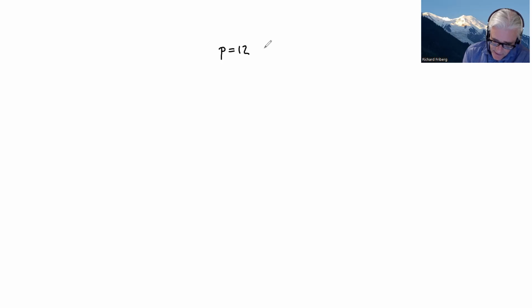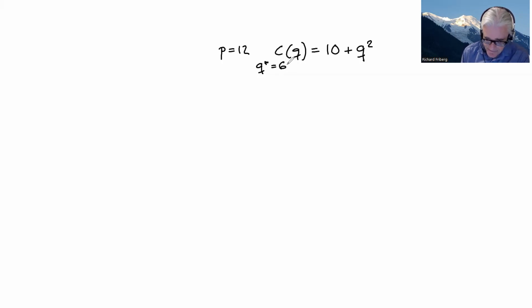We had a case where we assumed that price was 12 for a good, and that the cost of producing this good was given by a fixed cost of 10, and then Q squared. And resulting in the profit function, we had that Q star was equal to 6 in this case.